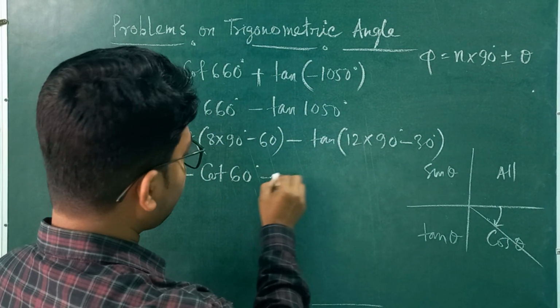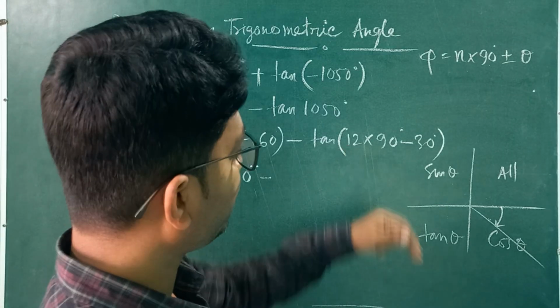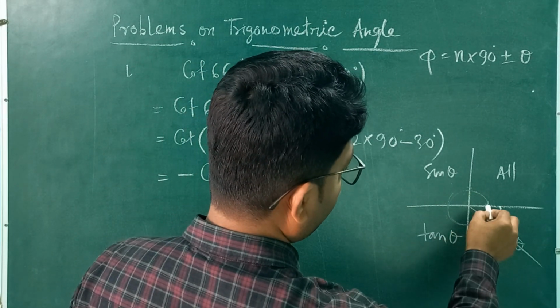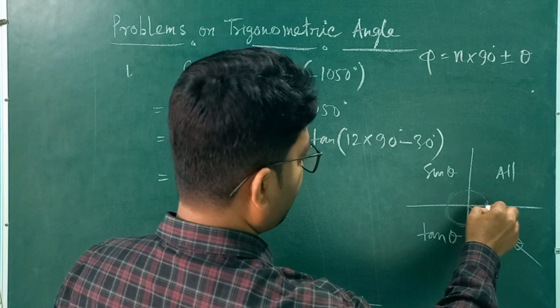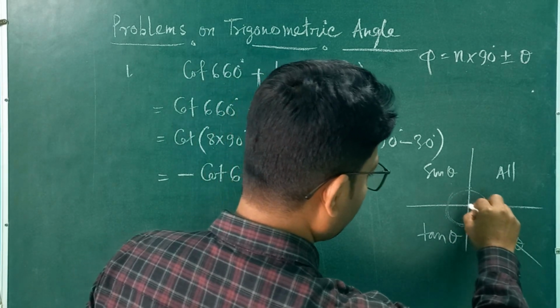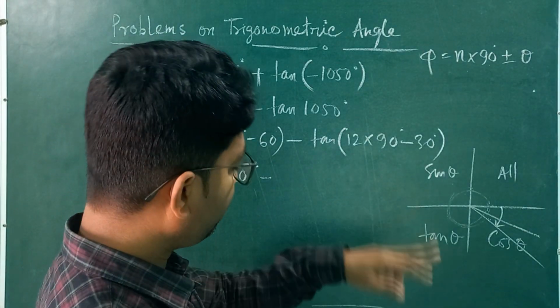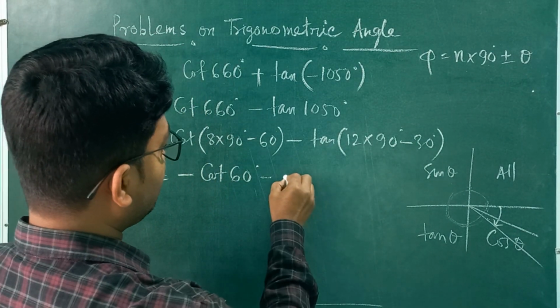Similarly, for this angle 12 into 90, that is 4, 8, 12, minus 30, this one also lies in fourth quadrant, and in fourth quadrant tan is negative, so there is a minus sign.